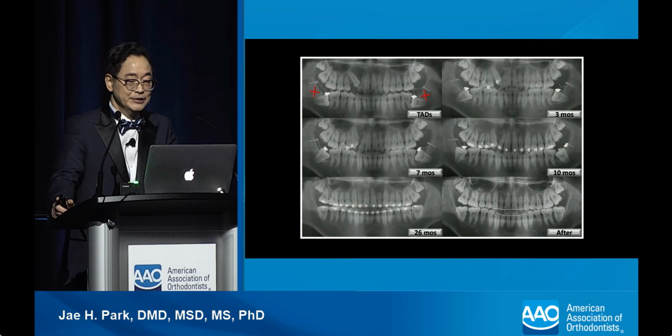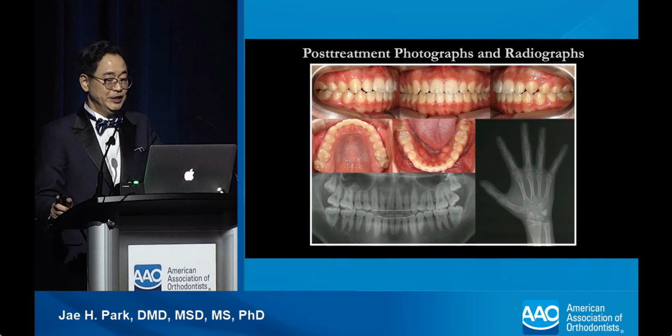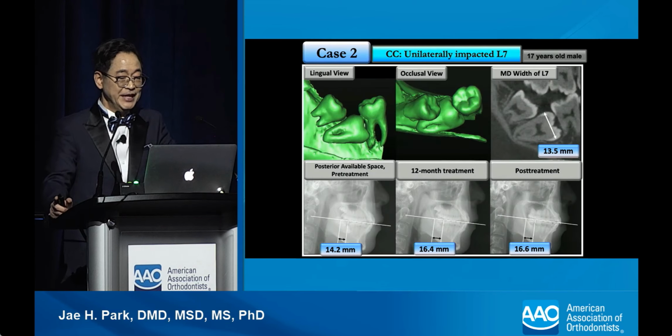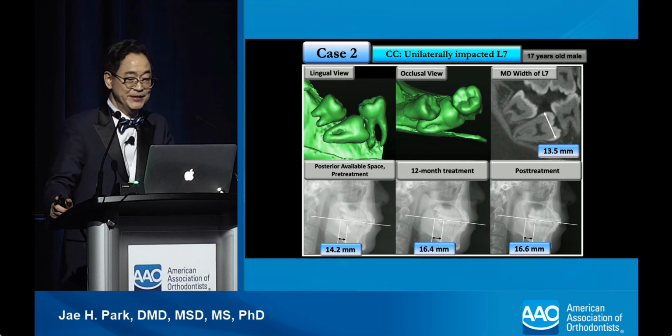Lower 8s were extracted, and on the right corner, you can see after treatment. Post-treatment intraoral photos and X-rays. Case number 2, a 17-year-old adolescent with a chief complaint of impacted lower left 7.